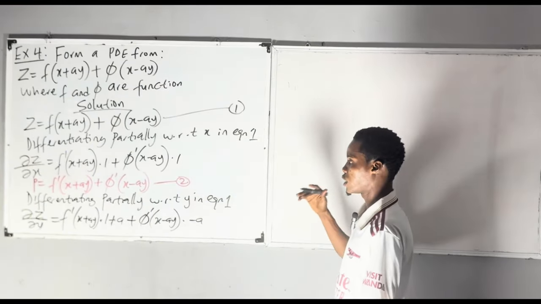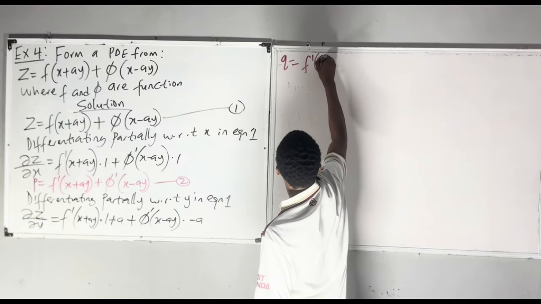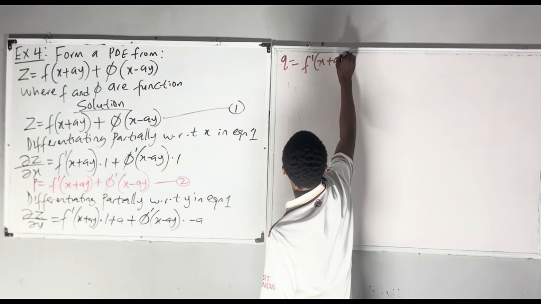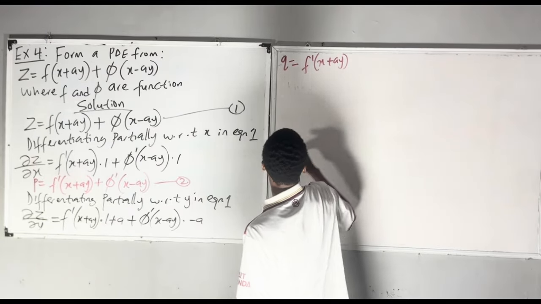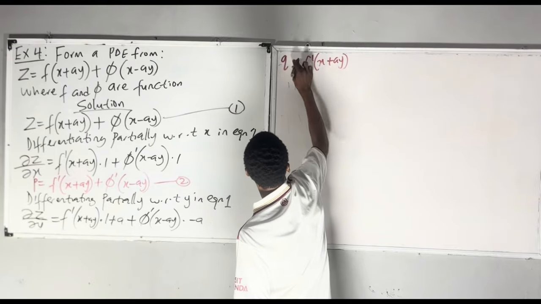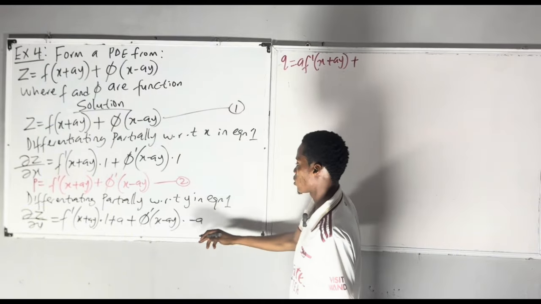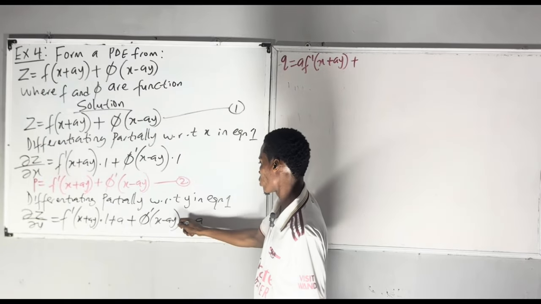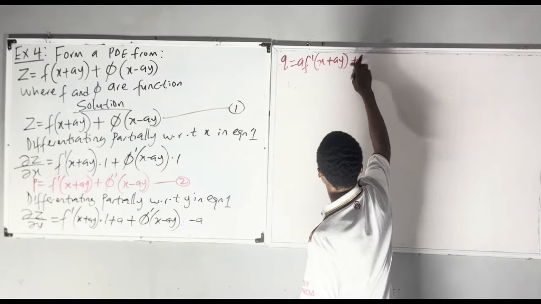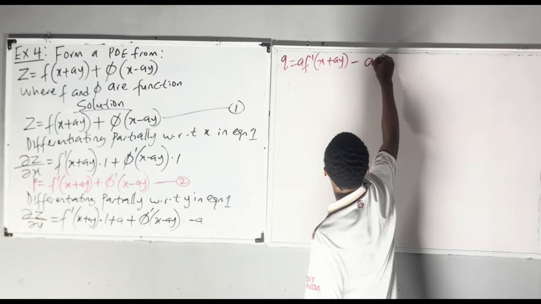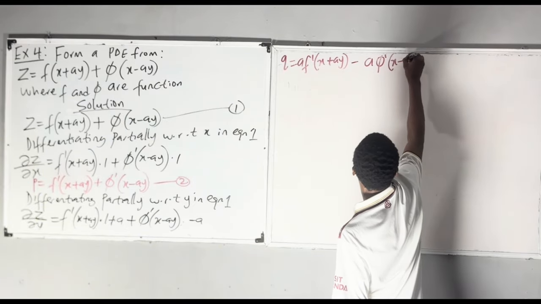The notation for dz dy is q. I'm going to have q is equal to f prime of x plus ay multiplied by 1 plus a, which gives a, so q is equal to a f prime, plus, the dot is a multiplication, so plus times minus gives minus a phi prime of x minus ay.